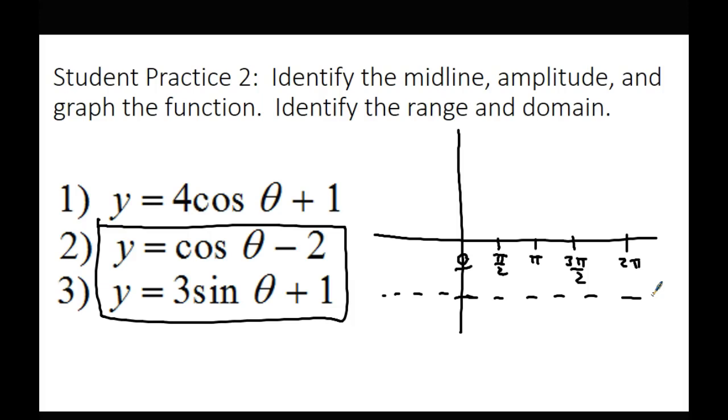Nora, what's the amplitude on this number 2? 1. There's no number in the front, so we can assume it's a 1. From the midline, we go up 1, and that gives me my max, and from the midline, I go down 1, and that gives me my minimum. So my max is at -1, my midline is at -2, and my minimum value is at -3.